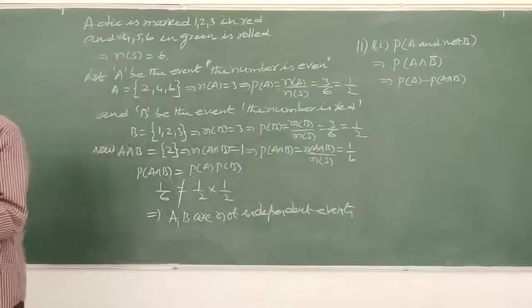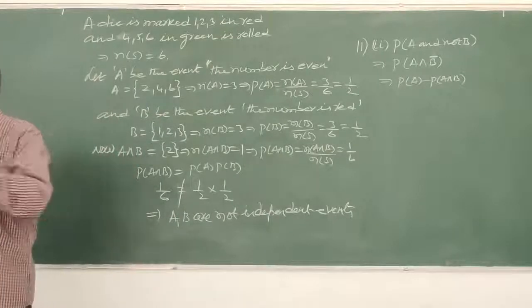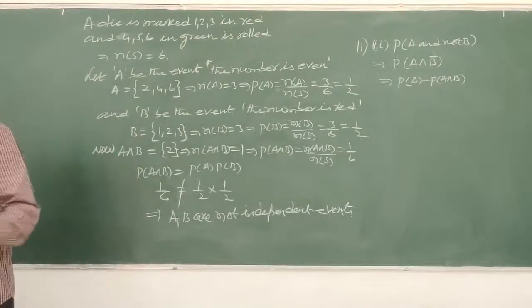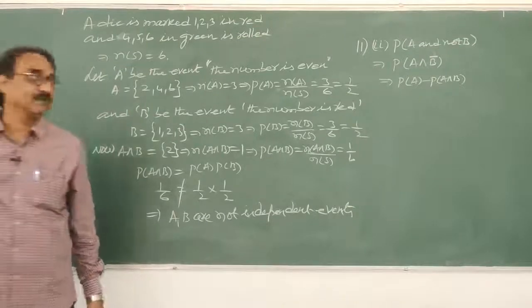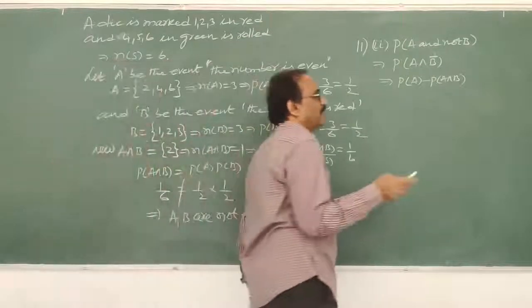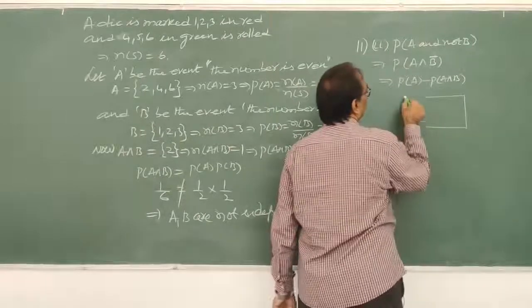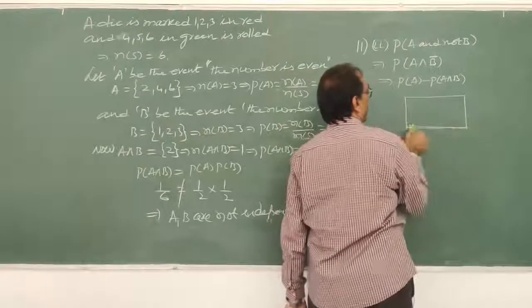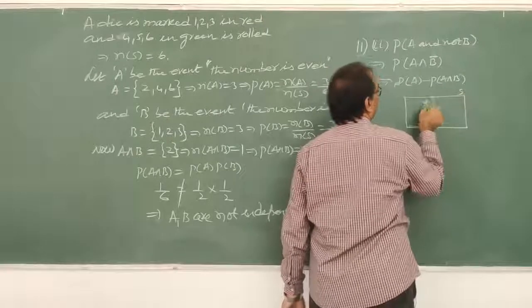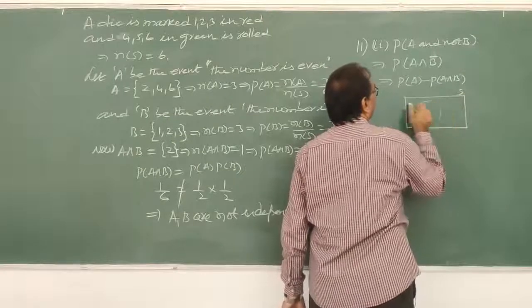Now, which problem is given for you, about that I am asking. Sir, once again, how you got it, you can explain, no problem. See now, I will draw like this. Here the total sample space is this, and this is A, one event.